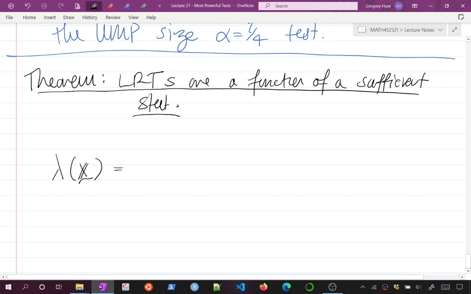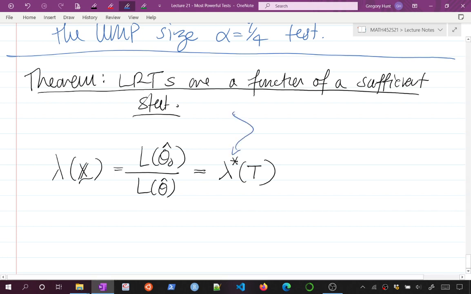But ultimately, the general form is L of theta naught hat over L of theta hat, where theta hat is the MLE and theta naught hat is the MLE restricted to the null hypothesis. And the theorem basically says that you can write this as some other function, lambda star of t, where lambda star is some function that doesn't involve x, and t is a sufficient statistic.